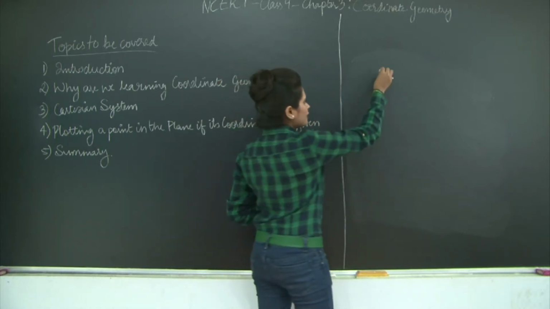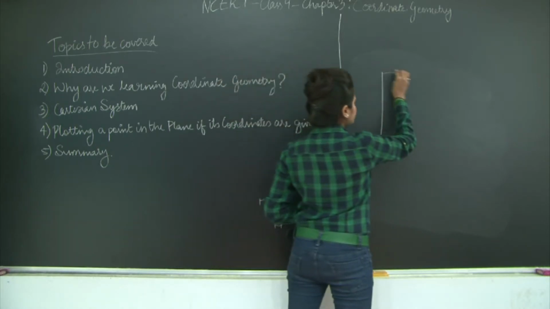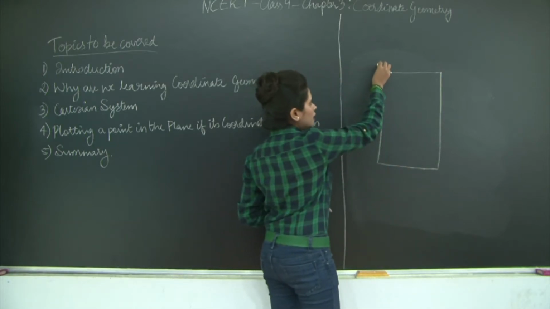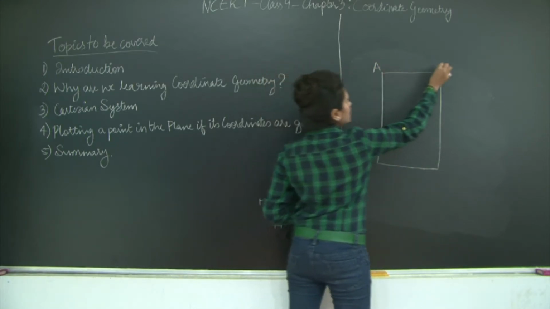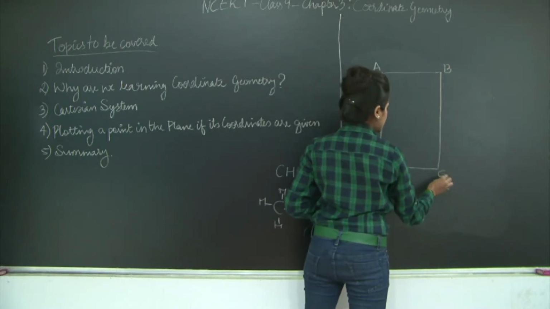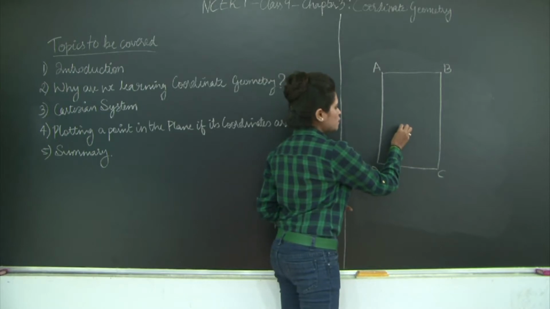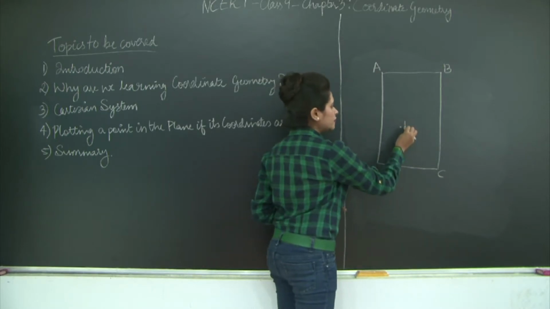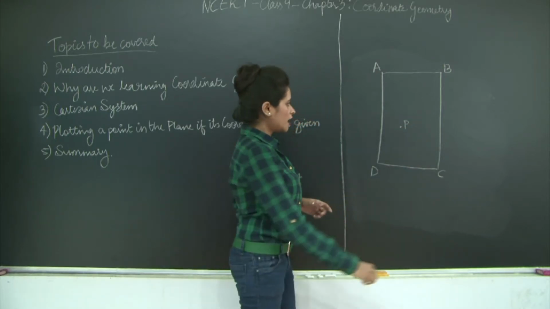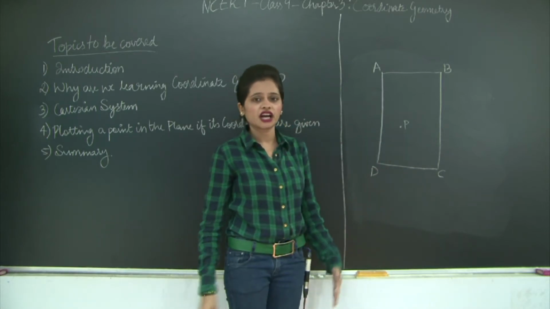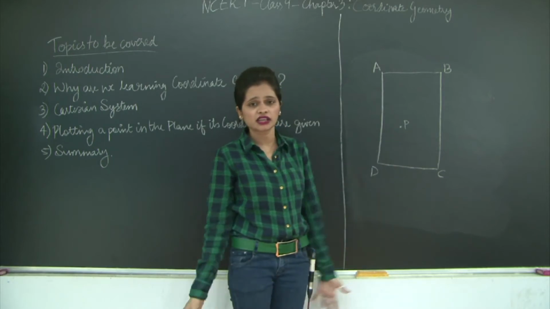Now suppose I have a paper and I'll name the vertices of this paper A, B, C and D, and I have this point over here, I'll call it P. Now if someone asks you to find the location of point P, how are you going to find it out? Nothing has been given to you.